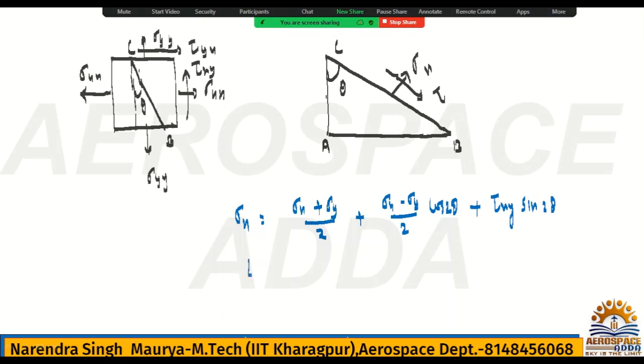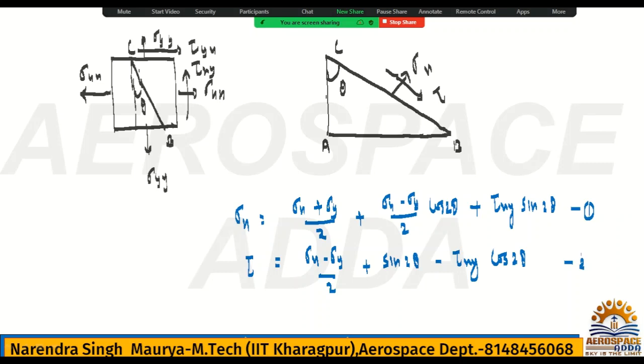And similarly, shear stress here for this oblique plane you got tau is equal to (sigma x minus sigma y) by 2 sin 2 theta minus tau xy cos 2 theta.